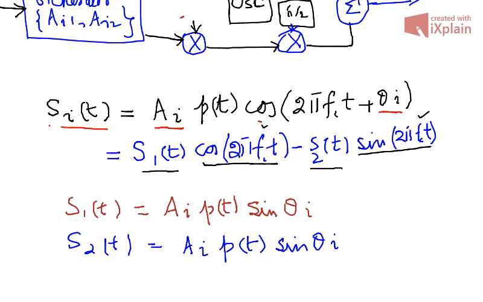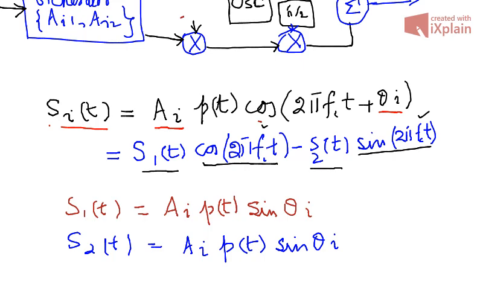Now we can further rewrite s1 of t and s2 of t as a summation of p of t. Let me rewrite it.